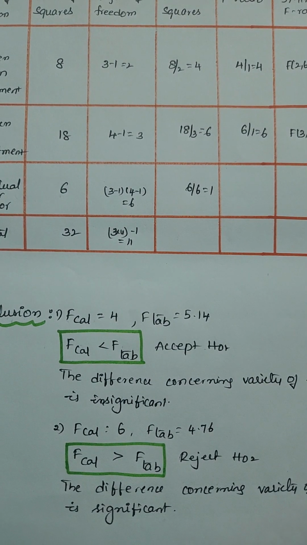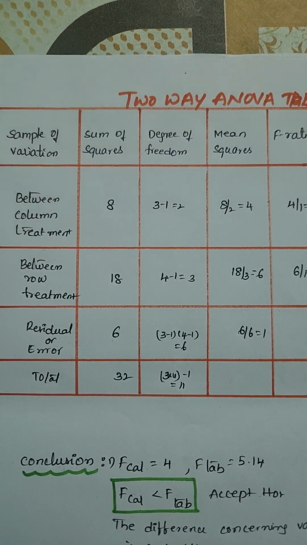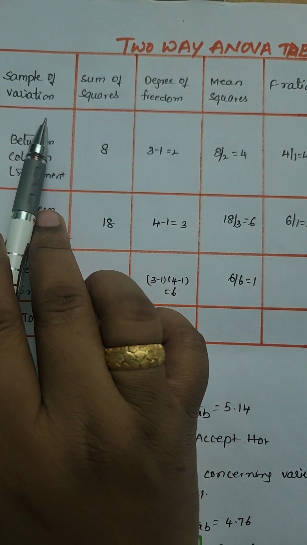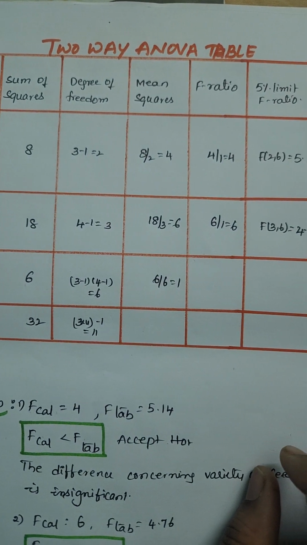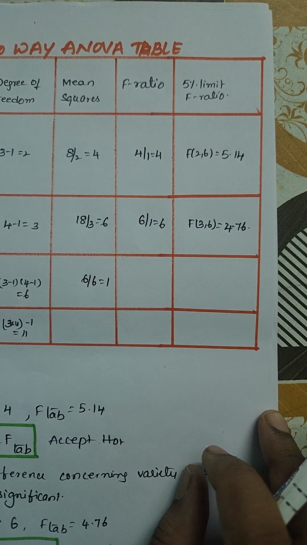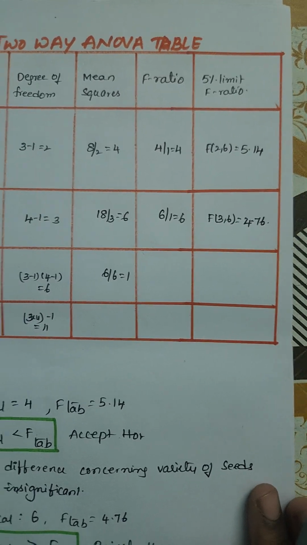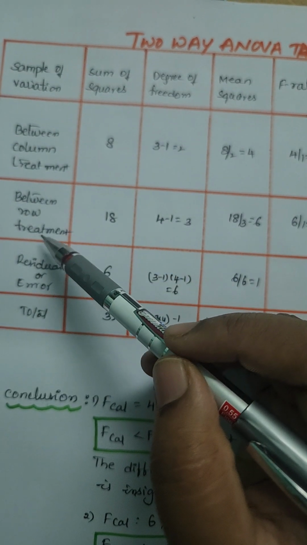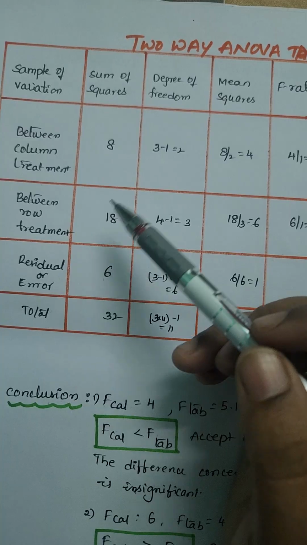Now we will set up the two-way ANOVA table. The columns are source of variation, sum of squares, degree of freedom, mean squares, F ratio, and table values of F. The rows are between the column treatment, between the row treatment, residual or error, and total.